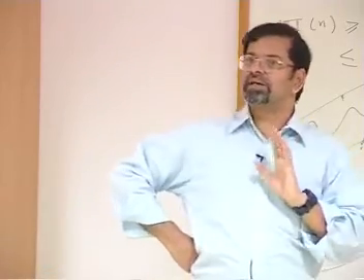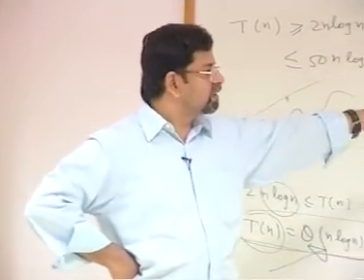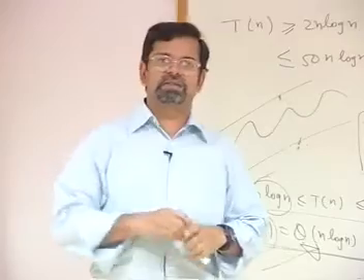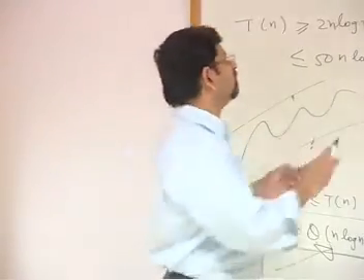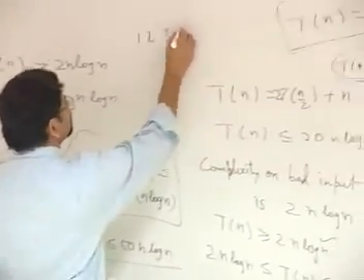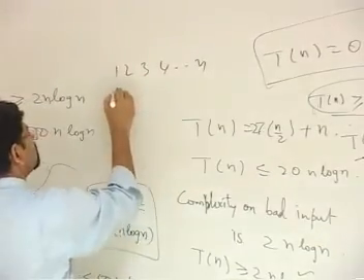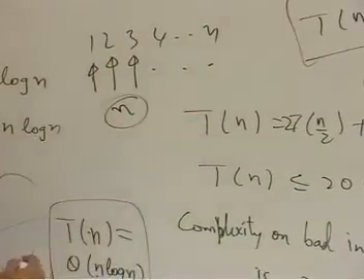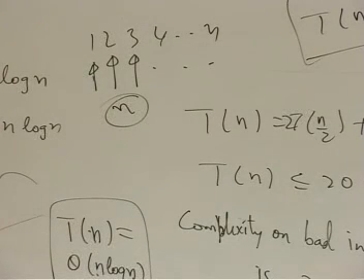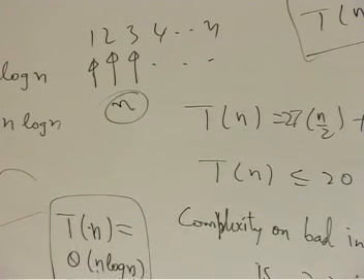Let us take insertion sort. The minimum is that you just make one comparison for each item and then you stay put there. So, if you input the sequence 1, 2, 3, 4, up to n, first you insert 1, then you insert 2, then you insert 3. So, the complexity is n and that's all. This is the minimum. Okay.